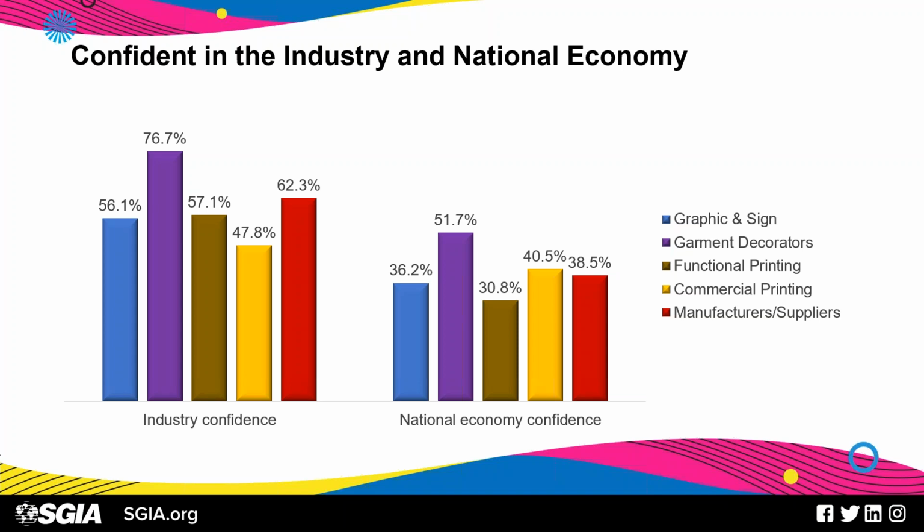First, in every segment, confidence in the segment exceeds confidence in the economy by a significant margin. And second, in 4 of 5 segments, only minorities are confident in the economy. Garment decoration is the exception, where a slight majority, 51.7%, are confident.